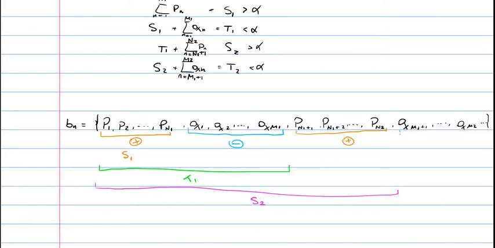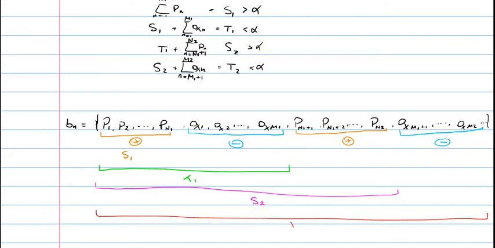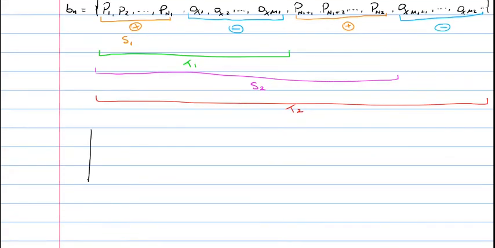and then again negative numbers, and the sum of all this is T sub 2. So what we're doing is, if this is alpha, we are starting with positive numbers until the sum is greater than alpha.